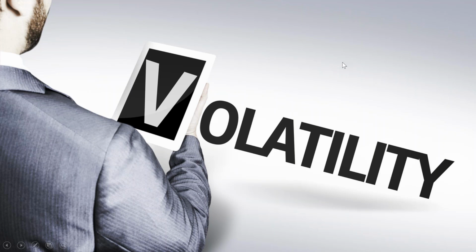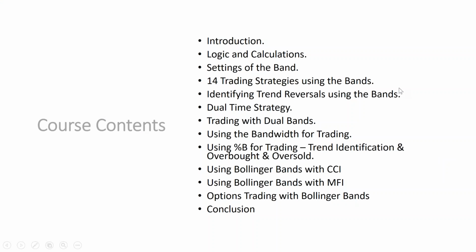So this is the thing I discussed. Today we are going to talk about volatility, and it's Bollinger Bands that we use to measure volatility. Just a walkthrough of what we are going to learn during these 4-hour sessions. First is the introduction to Bollinger Bands: a preamble of how it came into existence and what it's all about.